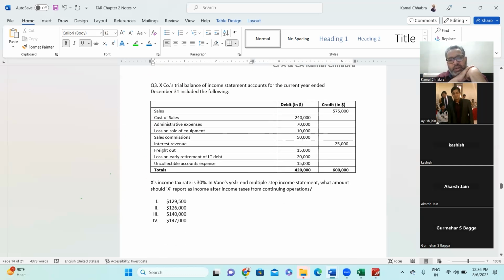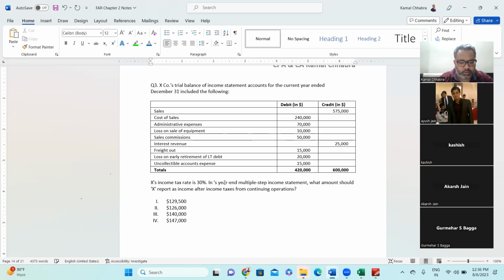X and Company's trial balance of income statement accounts for the current year ended December 31st includes the following. X's income tax rate is 30% and X's year-end statement is a multiple step income statement. What amount should X report as income after taxes from continuing operations?